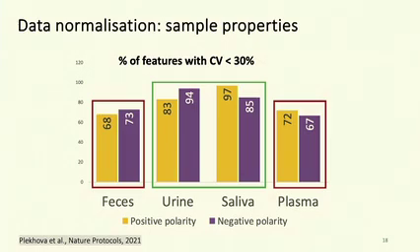Urine is naturally quite low in proteins. The saliva was filtered before the analysis, so maybe the abundant mucin proteins were purified from the matrix. Plasma and feces were used as such. So maybe the protein content plays a role in the reproducibility of our spectrum.